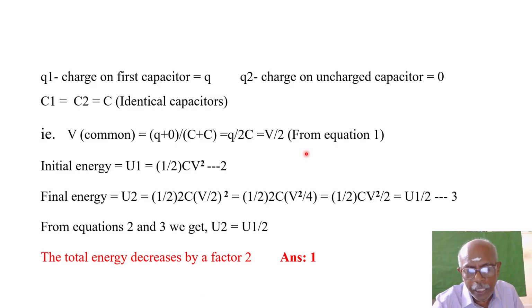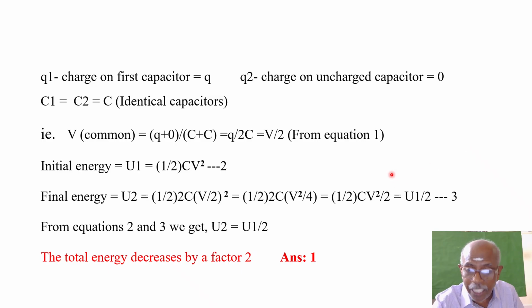Why are you telling this, sir? Because of the four options, only in the first one is it given that the total energy decreases. In the other options, one says it increases by 4, another says it increases by 2, and another says it remains the same.